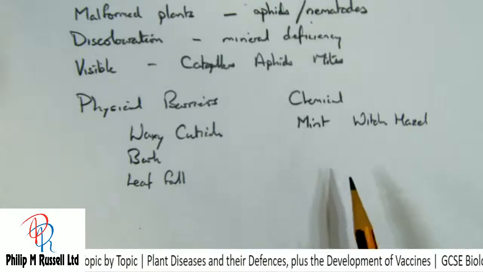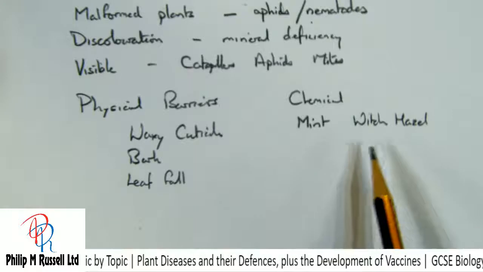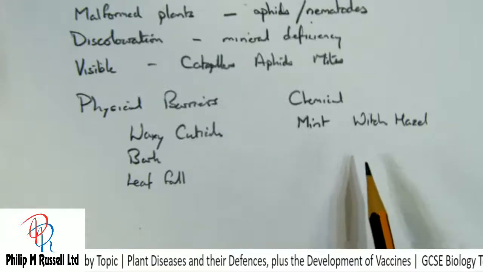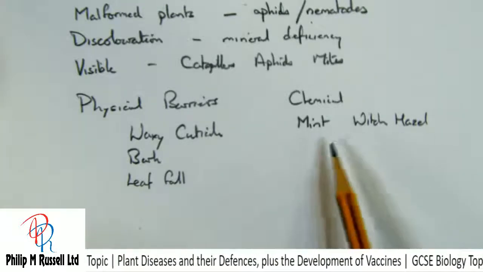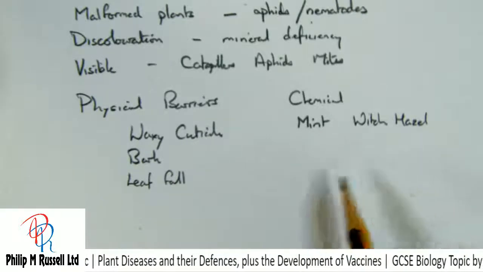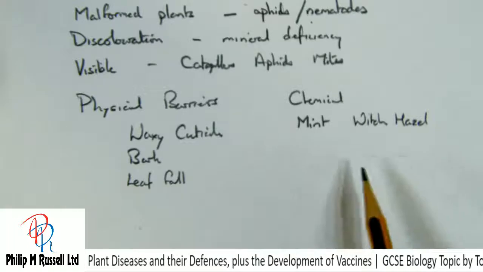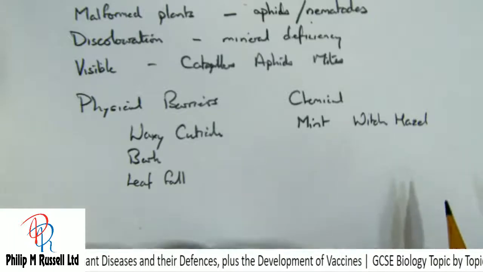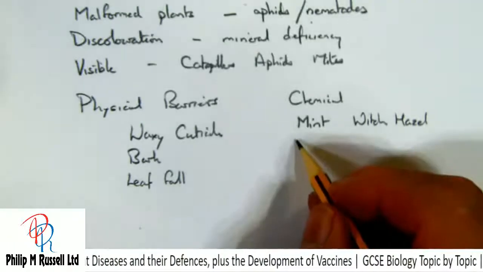If you don't want to just get this working against minor little things, you can go for bigger chemicals that can cause lots of interesting problems, and one of those is the foxglove.